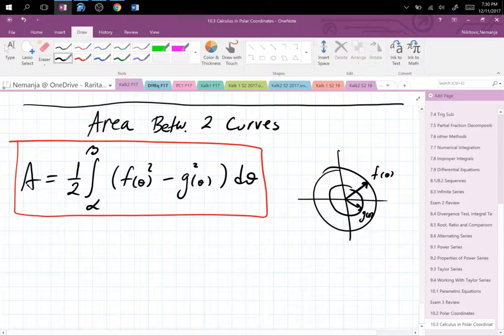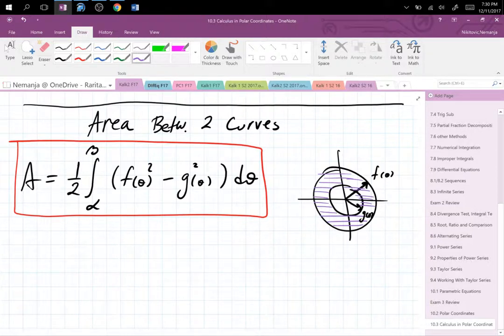So when you look at that, you will be computing the area of the washer over here as you compute this. So the one that is further away minus the one that is closer by.